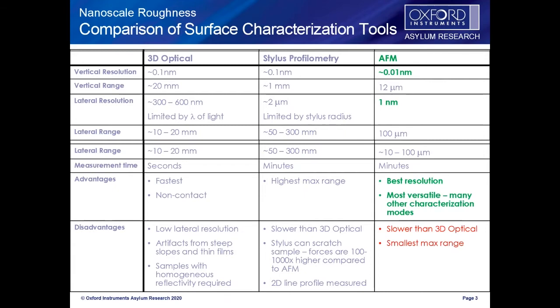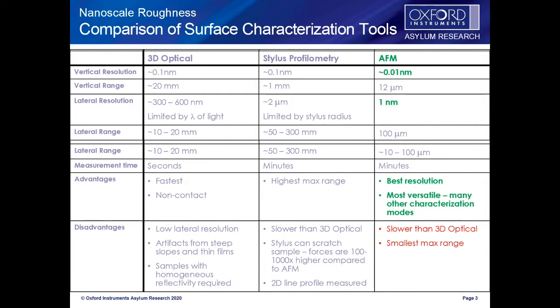It's actually become a relatively fast instrument. So now you can acquire a nice image in just a couple of minutes. But once again, compared to an optical profilometer that can take the entire image by just a flash like a picture, which only takes a couple of seconds, AFMs are still slower compared to those techniques.